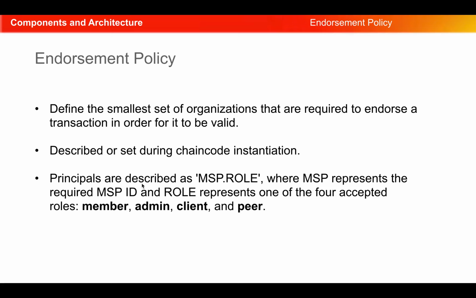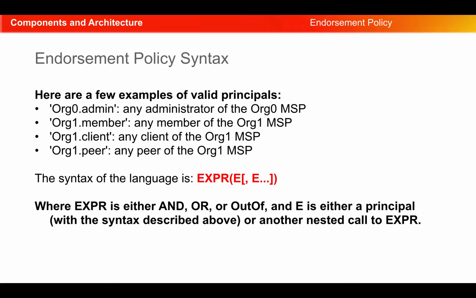The principals are described as MSP.role, where MSP represents the required MSP ID and role represents one of the accepted roles, which is either member, admin, client, or peer. Now let us look into a couple of examples of valid principals.